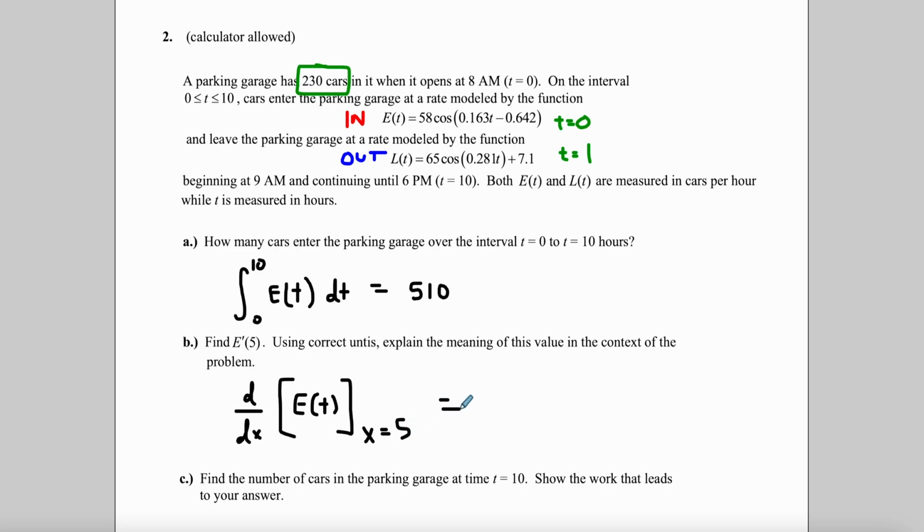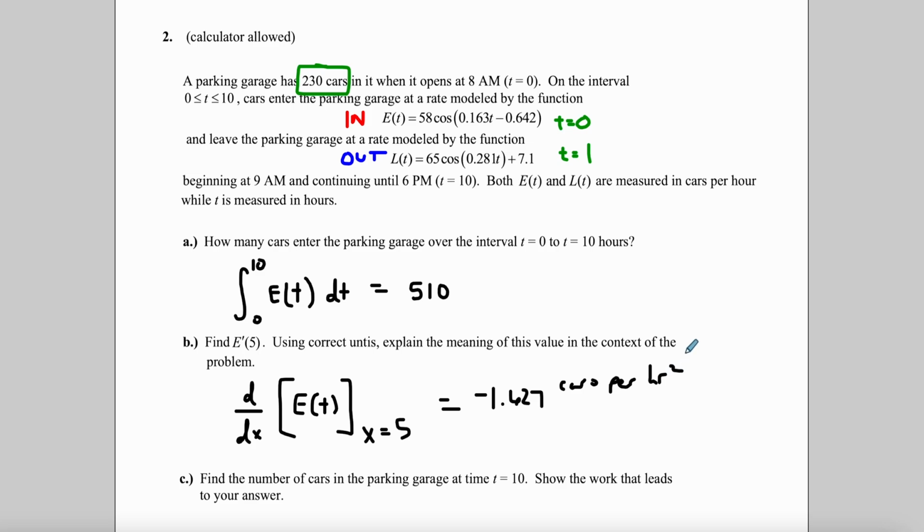Now that's going to spit out the rate of the already rated function. That ends up being about negative 1.627. The units for that would end up being cars per hour squared.